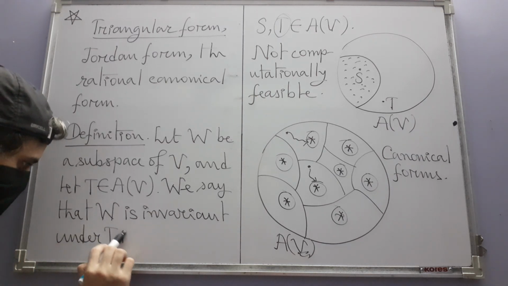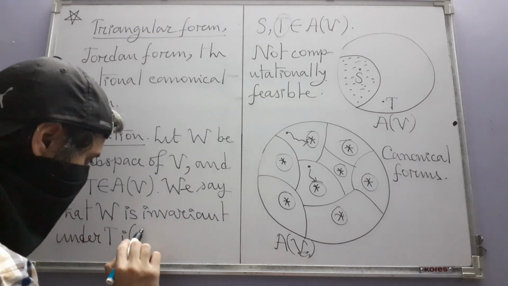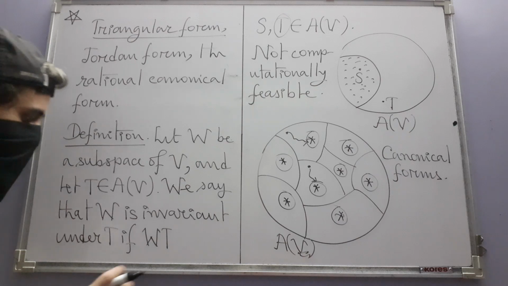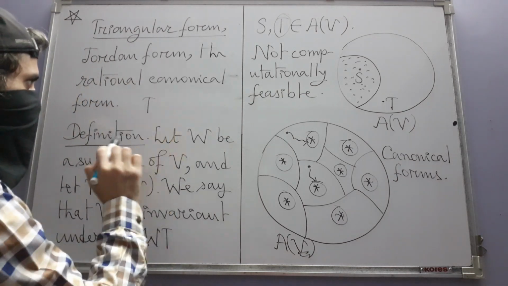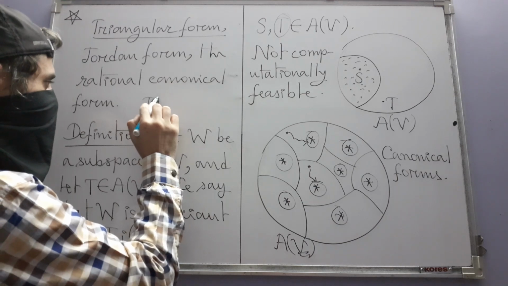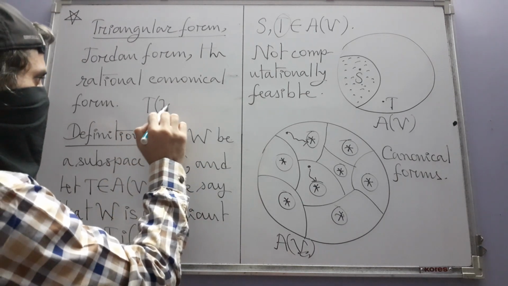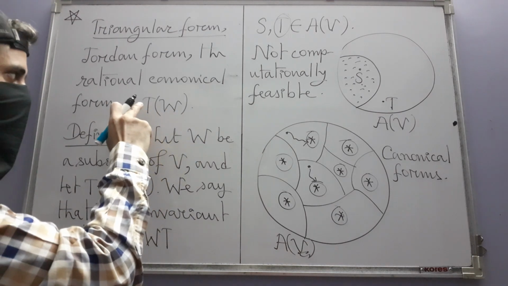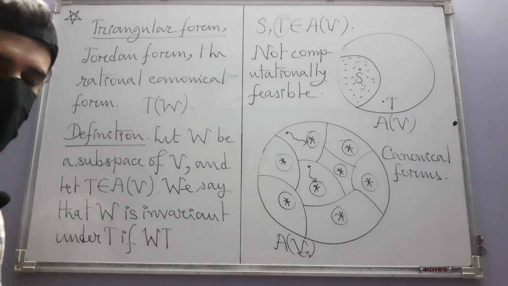under T if the image of W under T, that is WT, we are writing the image like this, but if you follow the other, the more usual way of writing functions, then the image will look like this, where you write the function first followed by the input within parentheses.